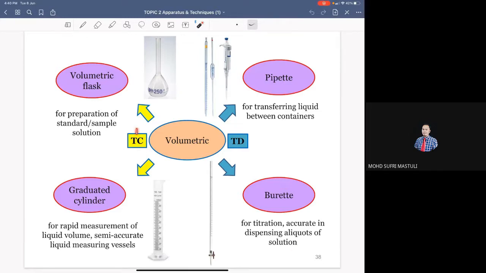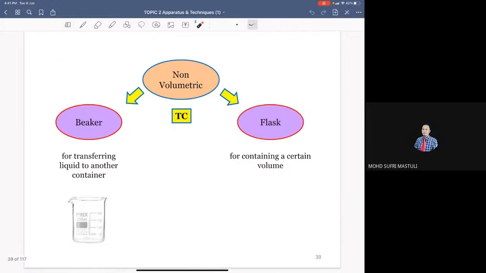To contain is to measure the volume using a volumetric flask or graduated cylinder. To deliver is to deliver an accurate amount of volume using either a pipette or burette. Non-volumetric is only to contain.